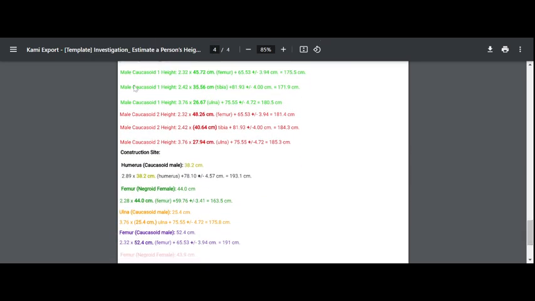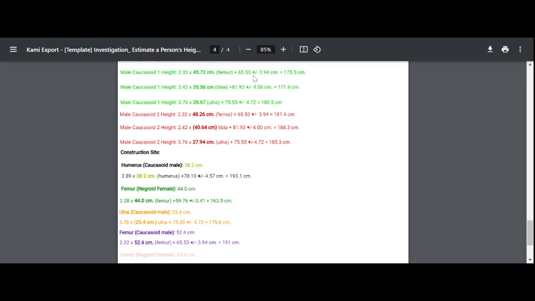So again, we're looking at the male Caucasoid 1 height. We've got 2.32 times 45.72 centimeters. Remember, that is the length of the femur that was measured, okay, plus 65.53 plus 3.94 centimeters equals 175.5 centimeters.